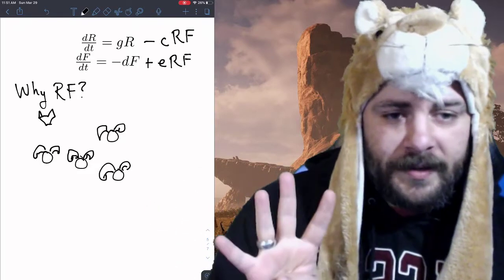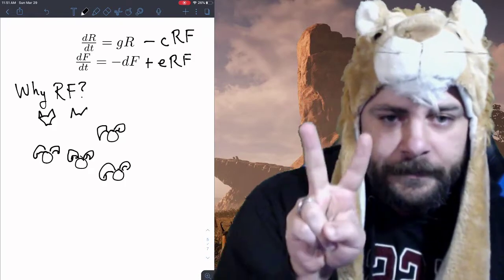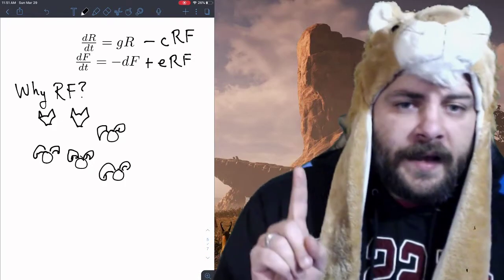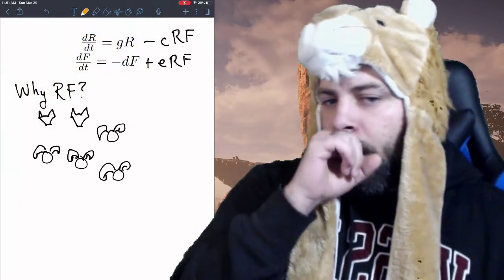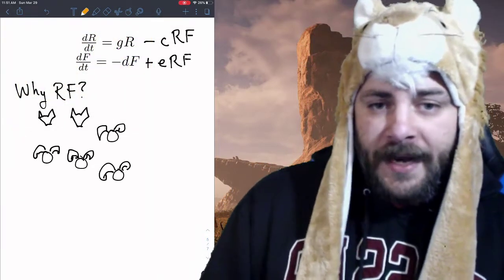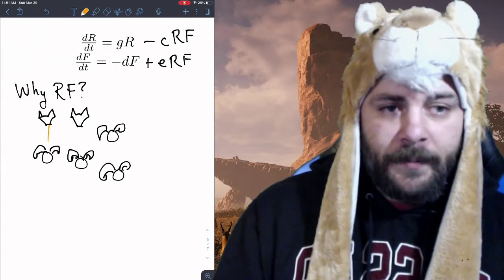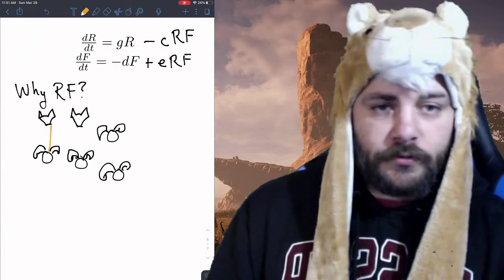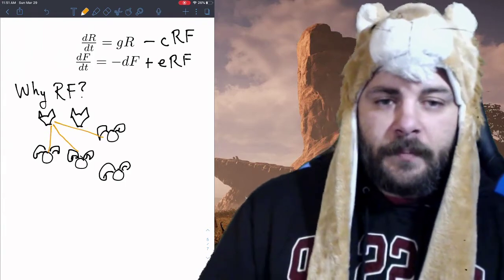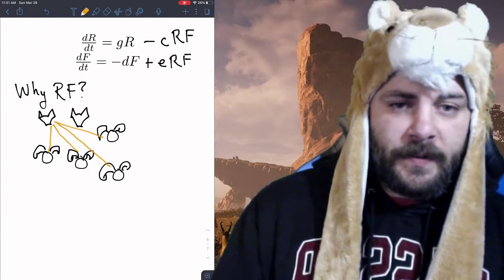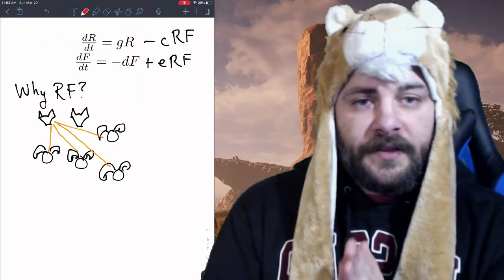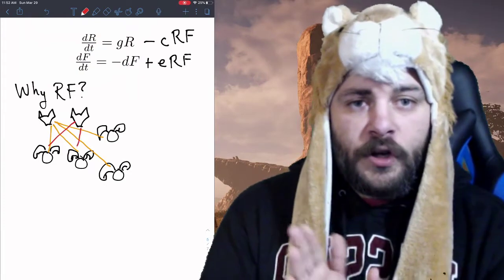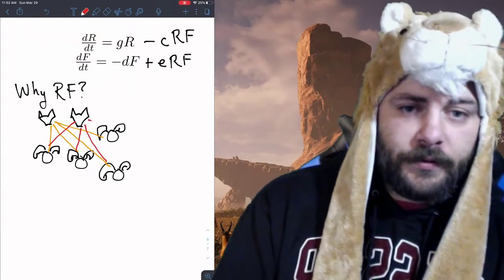So we have 4 rabbits, and then we're going to have 2 foxes. The first fox, let's use an orange pen, can interact with the other 4 rabbits. That's a possibility. I have trouble drawing lines here, but I'm going to draw a line for each interaction that's possible. Since it's instantaneous at that very same moment, the other fox, which we're going to use red for, could also interact with each of those 4 rabbits.